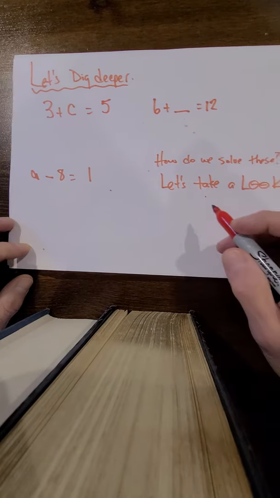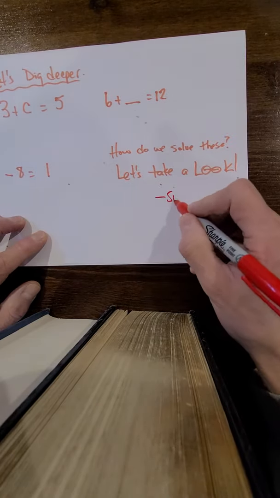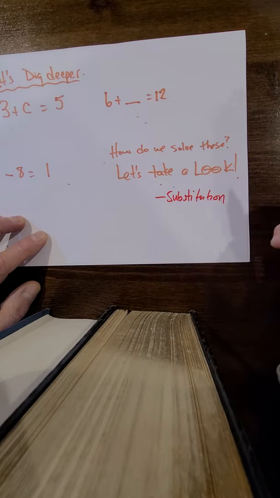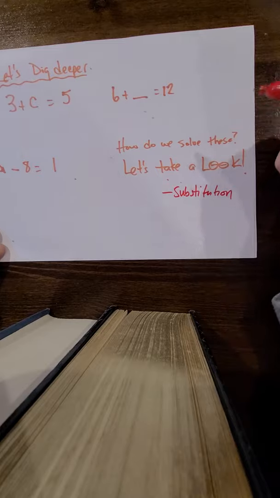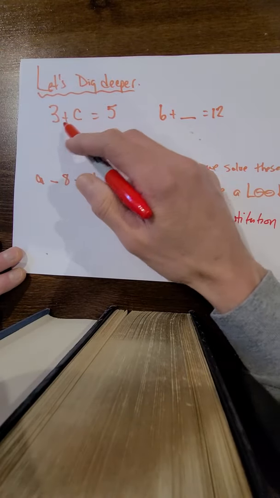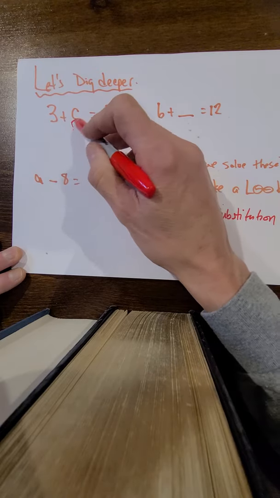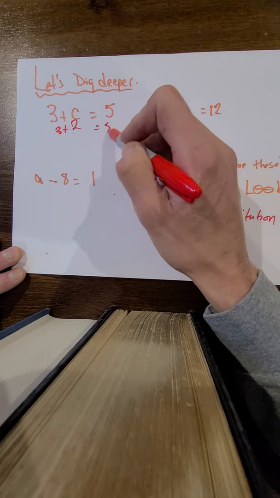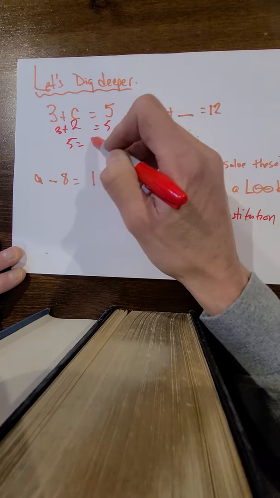Well, the first method is substitution. Okay, in other words, by using what we know, we can just substitute the number. So we know that 3 plus 2 equals 5, right? 5 equals 5.